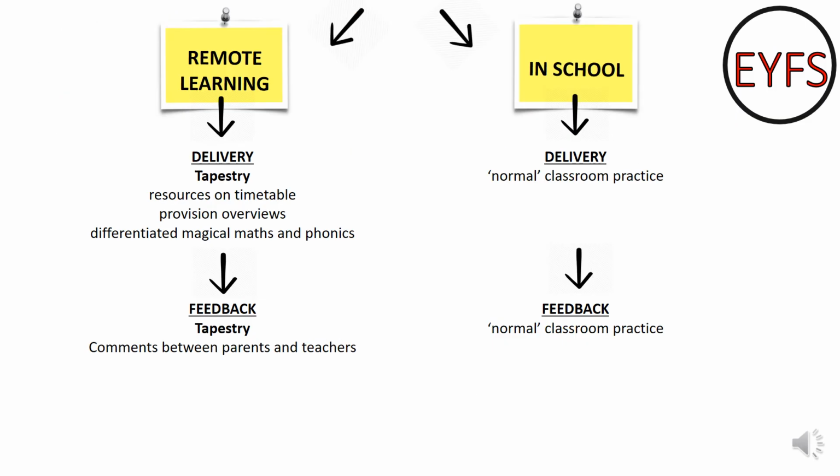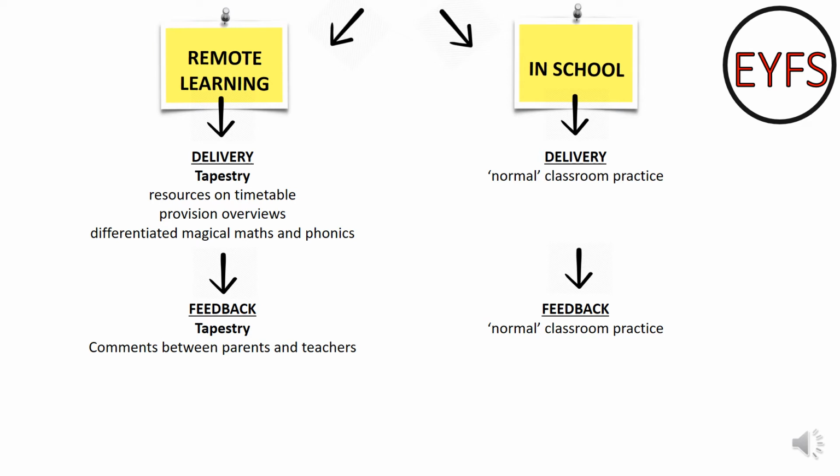In each area, in each department, we have looked at what the remote learning would look like and what the in-school delivery would look like. So, for example, in EYFS, which is very, very specialised and very much about children learning through play, doing skills to develop and areas for development, they would do their remote learning with lots of resources on the timetable, provision overviews and differentiated magical maths and phonics that would be attached to each child, and obviously the feedback would come through the teachers and the parents.